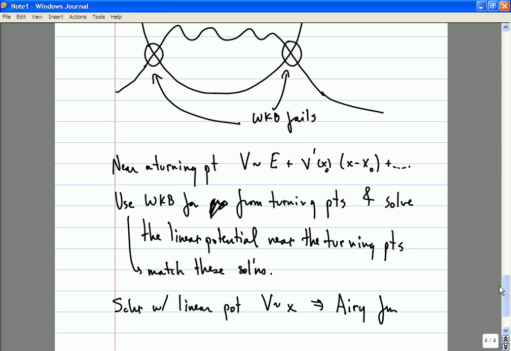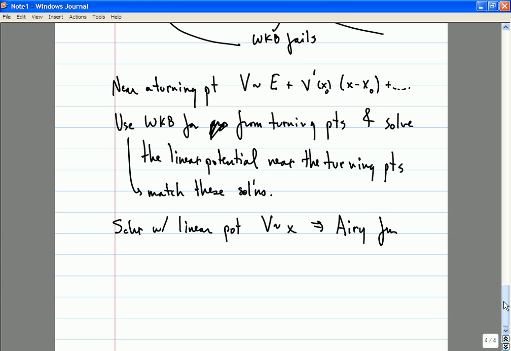Hopefully you find that reasonable. I hope so, because I certainly didn't prepare a lecture on Airy functions. Have you guys seen that, by the way? Raise your hand if you've seen an Airy function. Okay, so you have seen that more or less. There's some straightforward way of constructing those solutions to the linear Schrödinger equation.